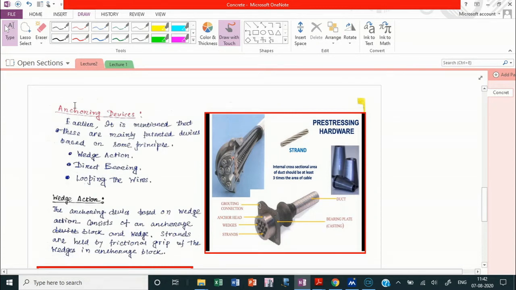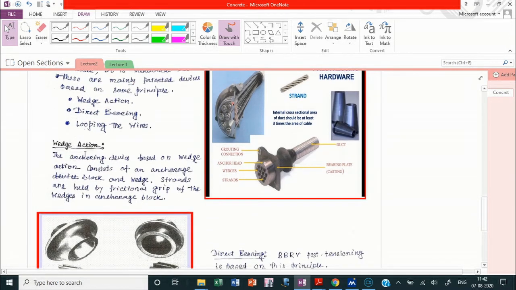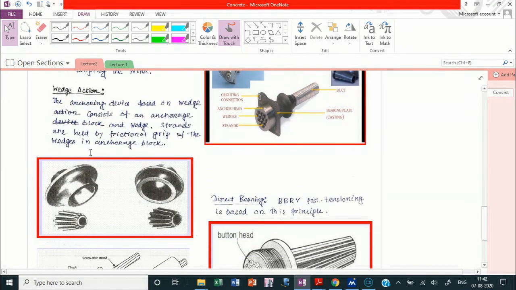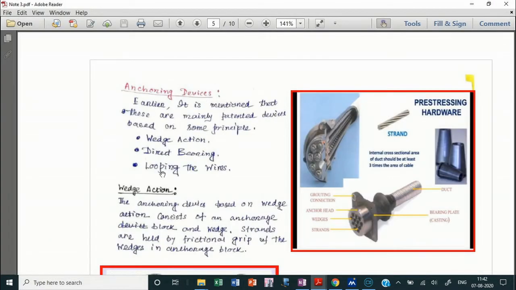First of all, and very important, are the anchoring devices.